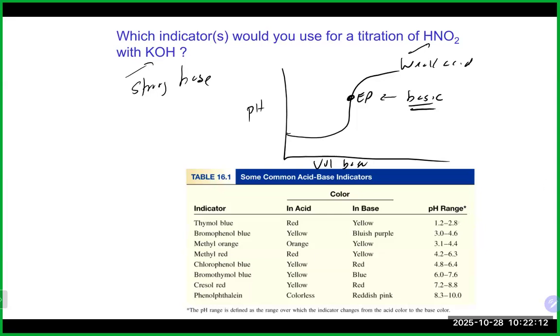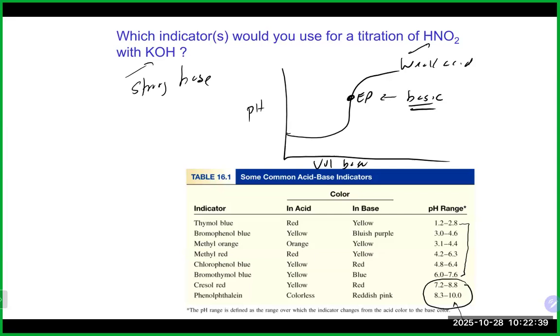That pretty much eliminates these ones here in terms of being any good. Although the last one does get into 7.6, that's not very basic, and by then it probably has changed color, so it's probably not your best choice. So if you had to choose, probably these two at the bottom might be good. And if we were doing specifically the one we were just calculating, phenolphthalein is probably a little bit better.